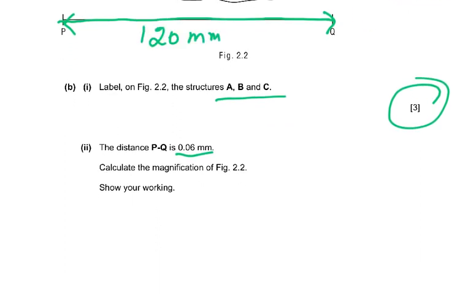What we have to understand is we have to measure PQ on the scale, and this is about 120 millimeter. So what you have to do is divide, this is actually 0.06, so 120 divided by 0.06.